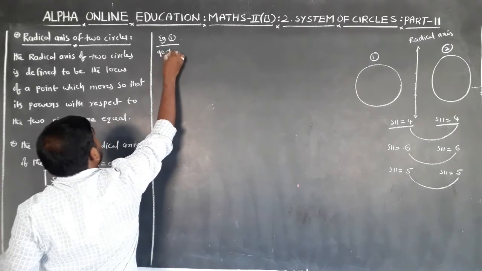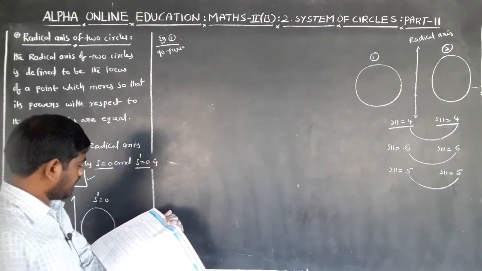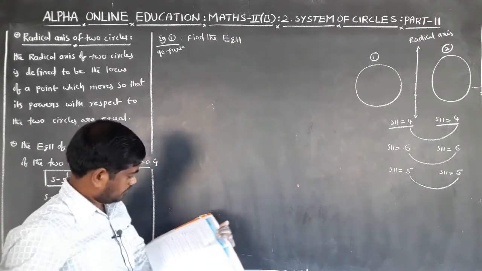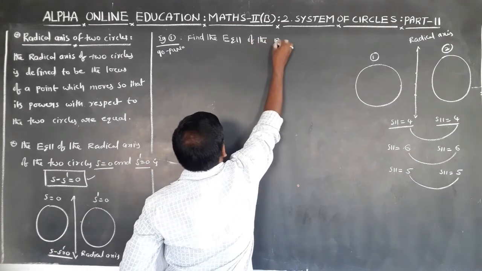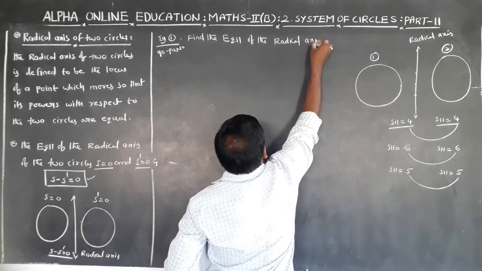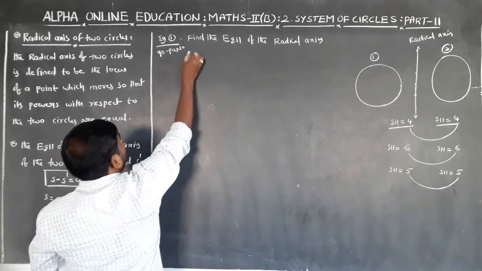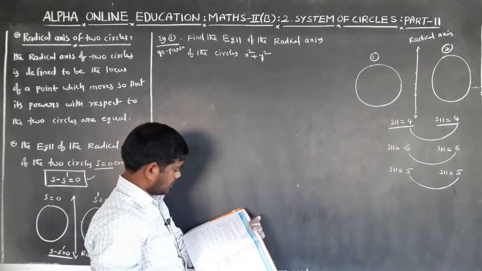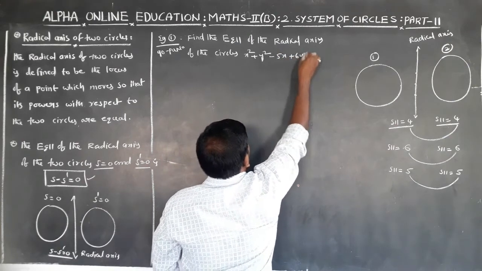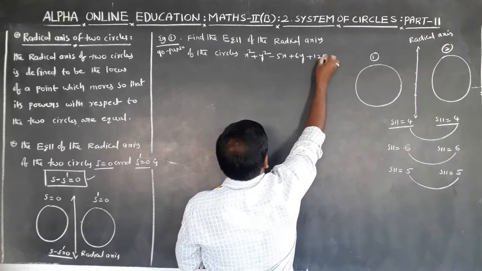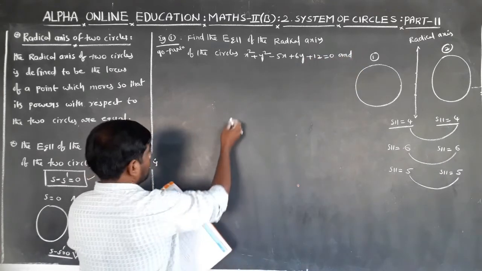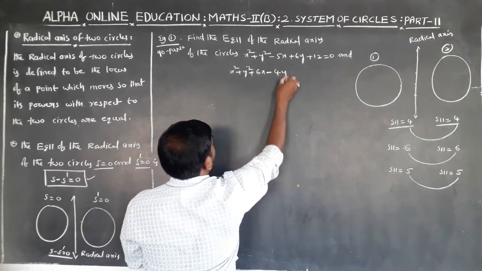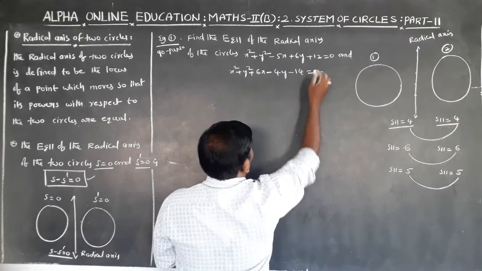Find the equation of the radical axis of the circles x square plus y square minus 5x plus 6y plus 12 is equal to 0, and x square plus y square plus 6x minus 4y minus 14 is equal to 0.